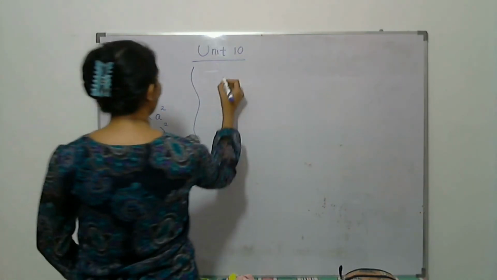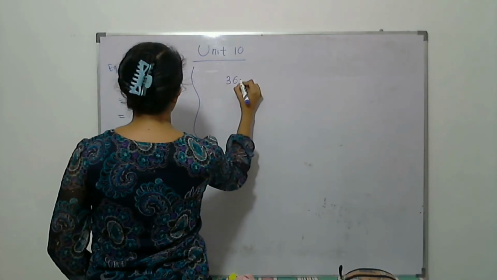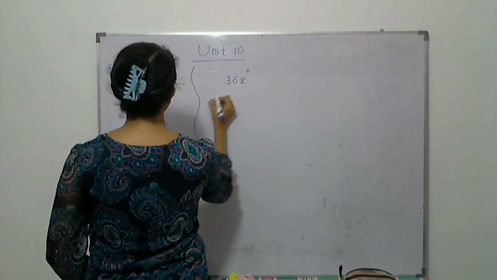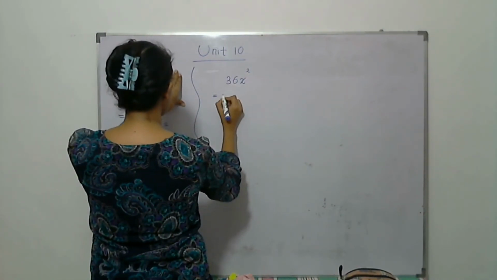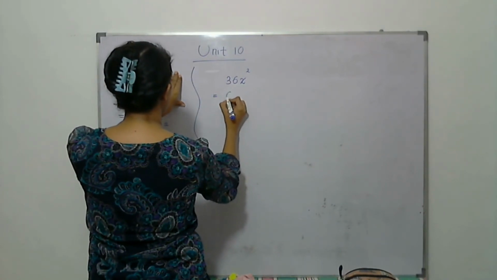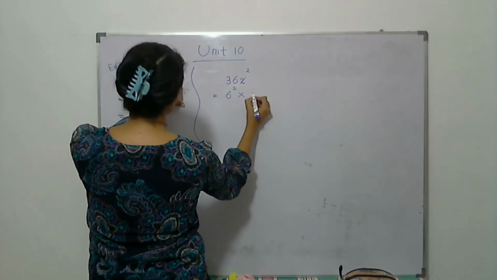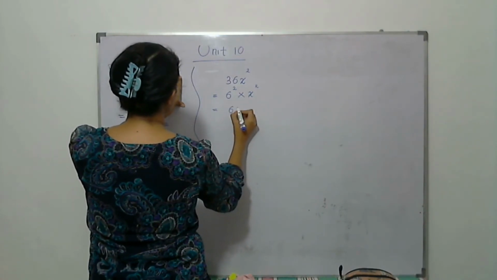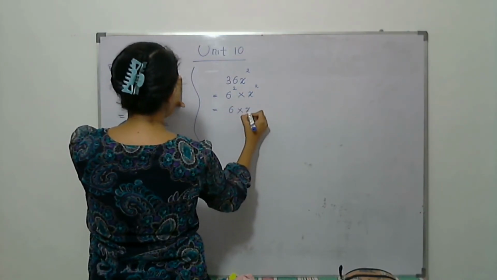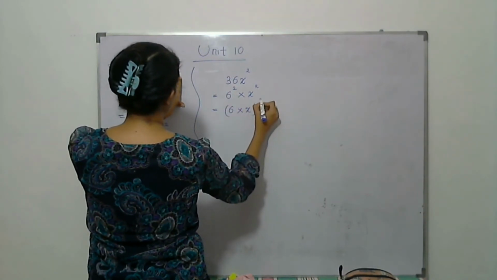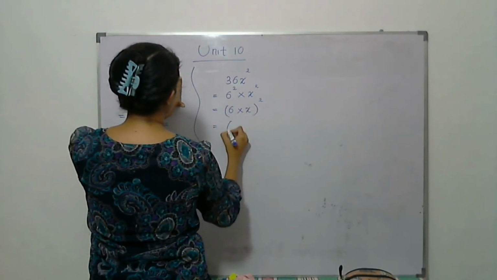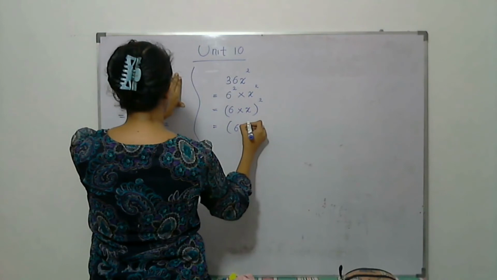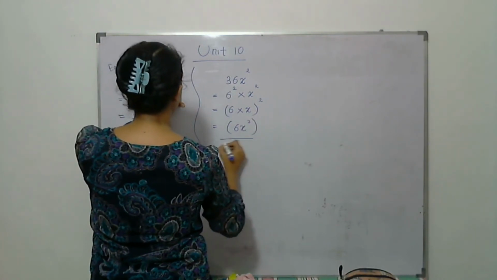Example 2, 36 x to the power 2. Then we have to write 36. Okay, here 36 means 6 to the power 2 into x to the power 2. Then 6 into x to the power 2. That means 6x to the power 2.